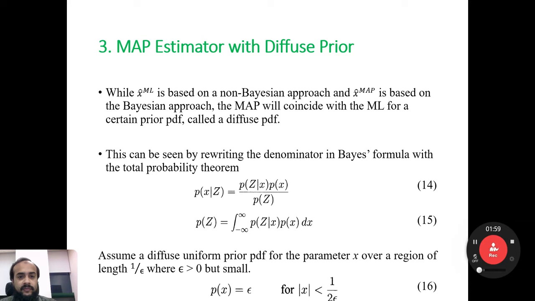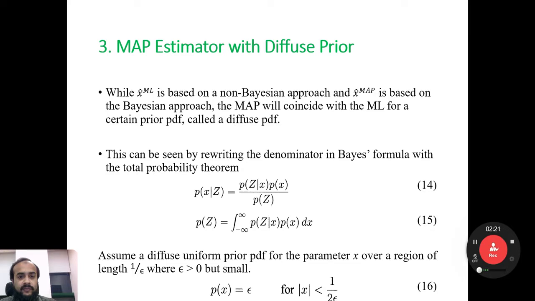So now let's start with the MAP estimator with the diffuse prior. As you studied, the ML estimator is based on the non-Bayesian approach, and the MAP estimator is based on the Bayesian approach.